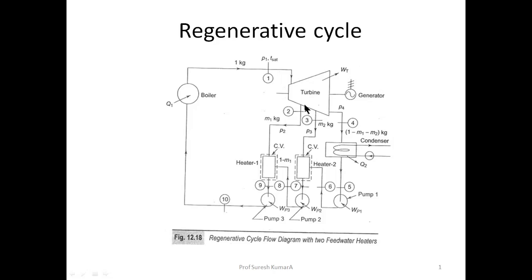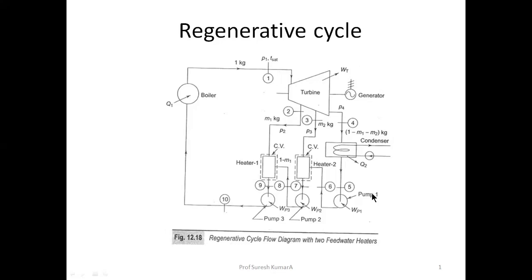At state 3, after expansion, M2 kg has been bled out. Similarly from stage 3 to 4, expansion further takes place. Here the mass of the steam is 1 minus M1 minus M2 kg, where it expands and finally reaches the condenser where it gets condensed.